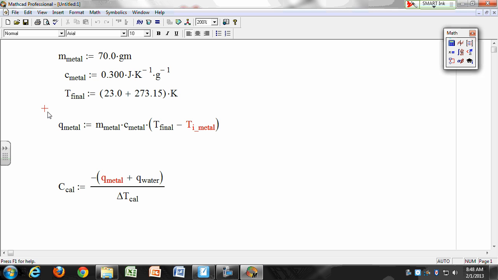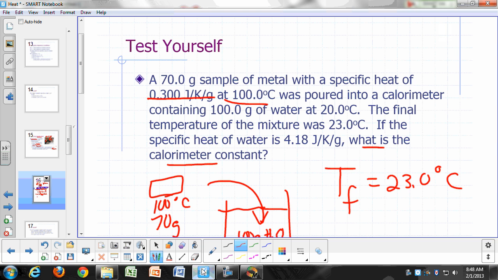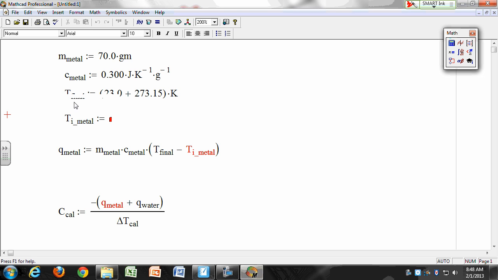Okay. What's my T initial? T sub I, Ti metal equals 100 degrees Celsius, the initial temperature of the metal. So that's going to be 100 plus 273.15 Kelvin.